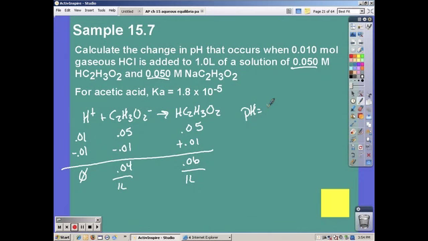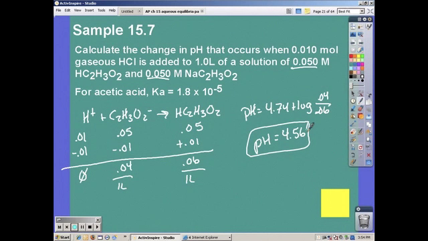So pH is equal to 4.74 plus log of 0.04 over 0.06. And our pH before we add the acid is 4.74 since our acid and base concentrations are equal. So log of 1 is 0, and pH equals pKa.